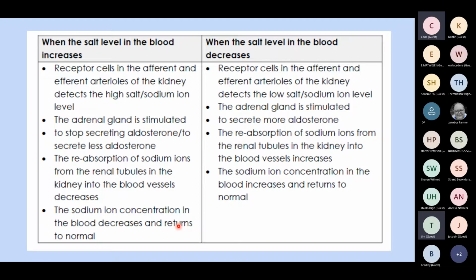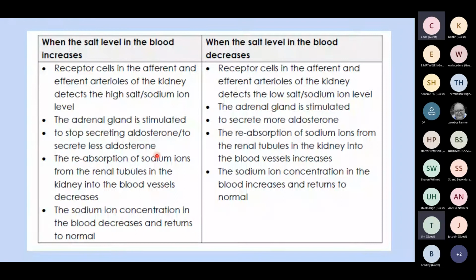Let's do that again. The question you should ask yourself, if the imbalance is the salt level has increased: which gland? Adrenal gland. Which hormone? Aldosterone. How much of that hormone? Less aldosterone. What is the target organ?